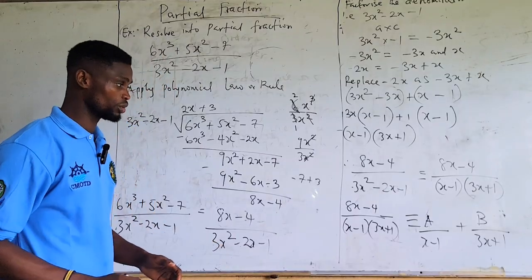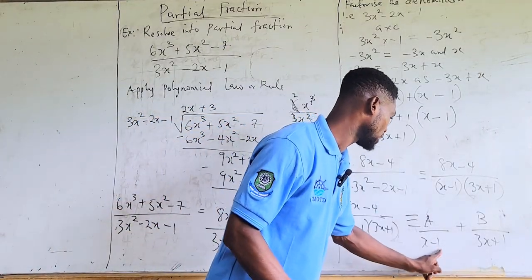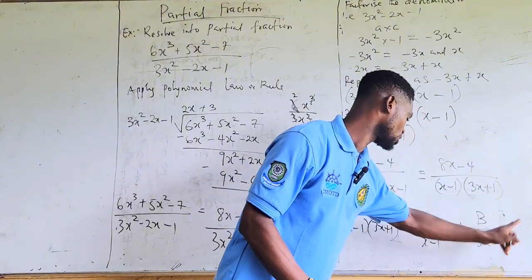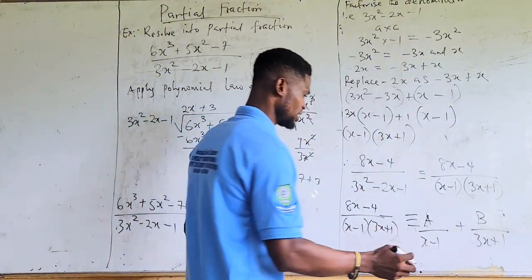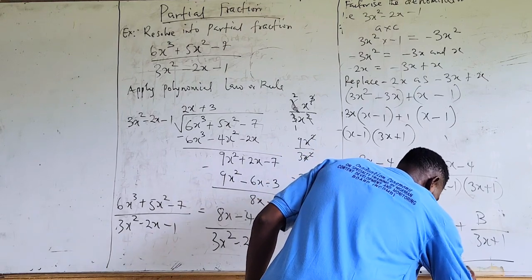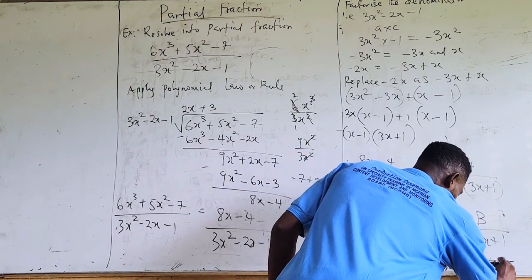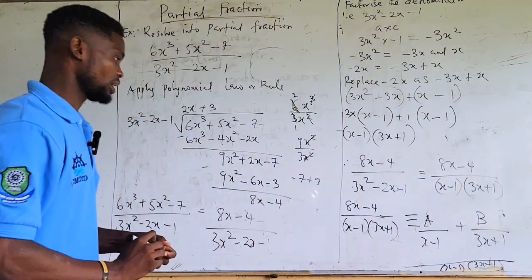Therefore, we're going to find the LCM of x minus 1 and 3x plus 1. So we should know that the LCM will be x minus 1 and 3x plus 1.